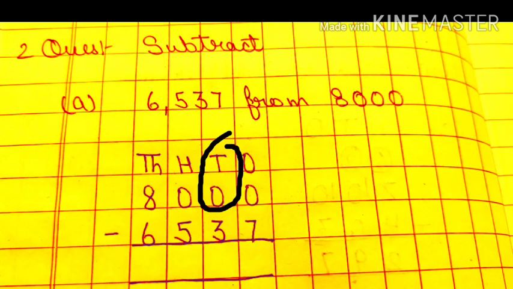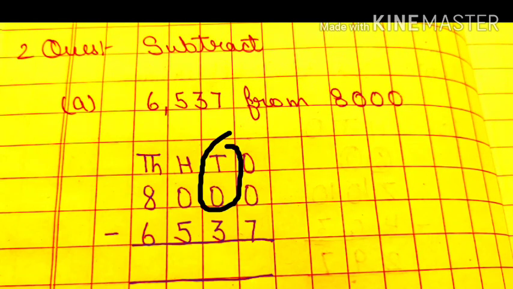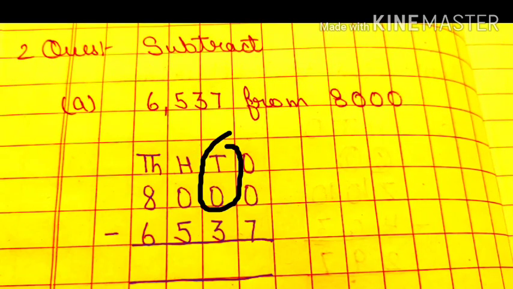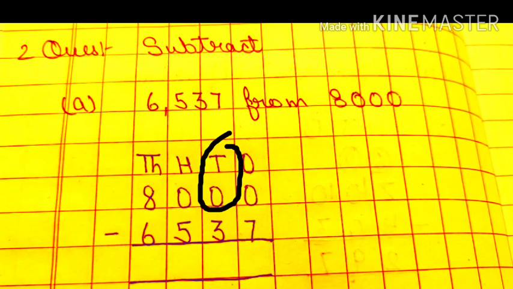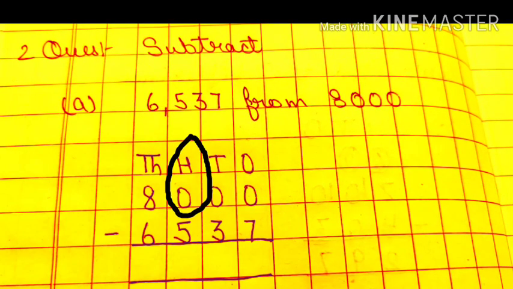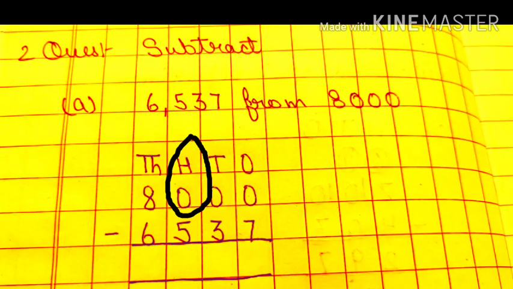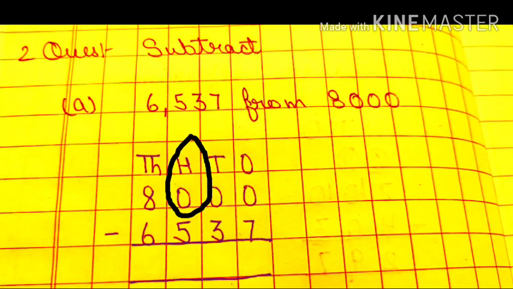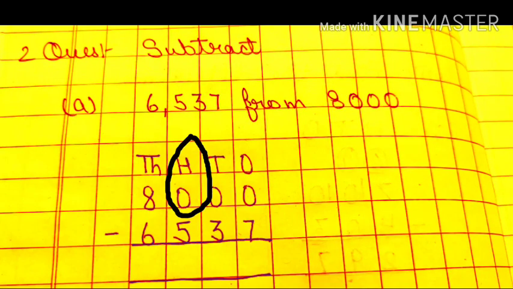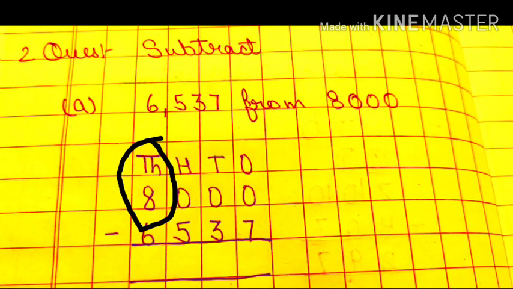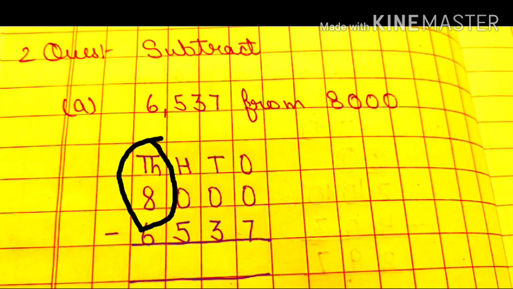On a tens place it is also 0. So tens will move to 100 place. Now on a 100 place it's also 0. Now very sad, 100 will move to its very close neighbor, that is 1000.